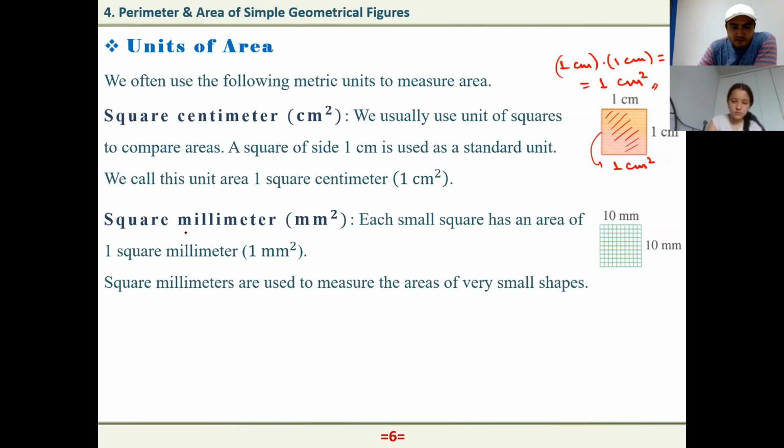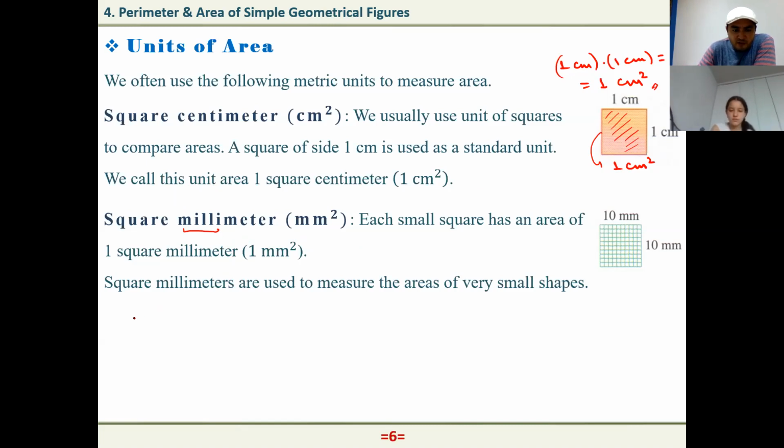How about the second one? Square millimeter. Milli means, as you know, 1 out of 1,000, 1,000ths. So if you divide something by 1,000, we get millimeter.